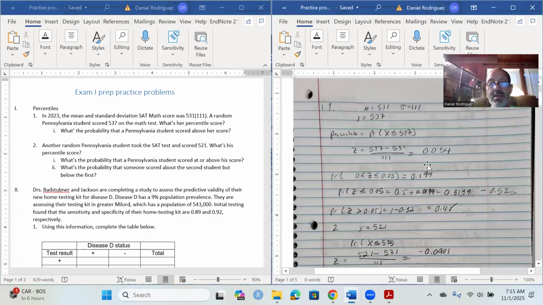Okay, so we get our z value of 0.054. So here we ask what's the probability that x is less than or equal to 537. That's the same as saying the probability that z is less than or equal to 0.054.